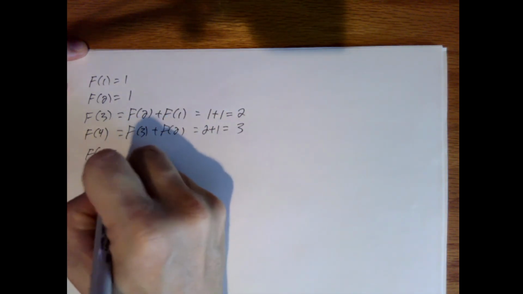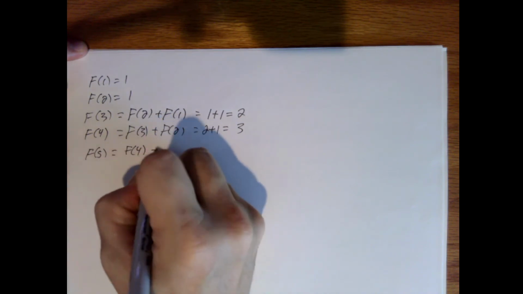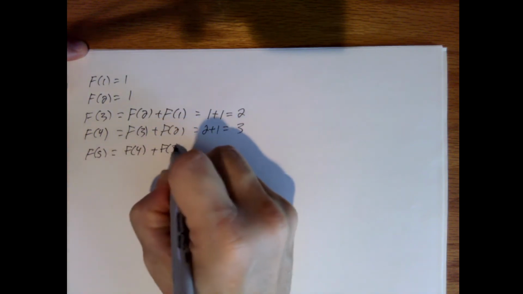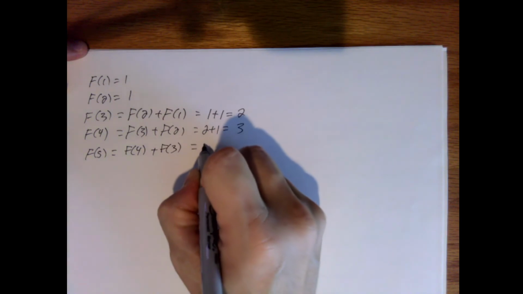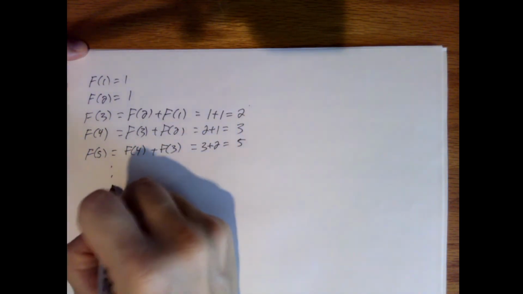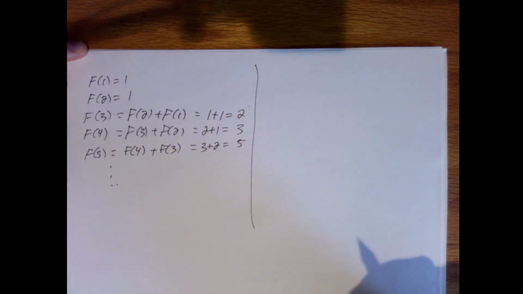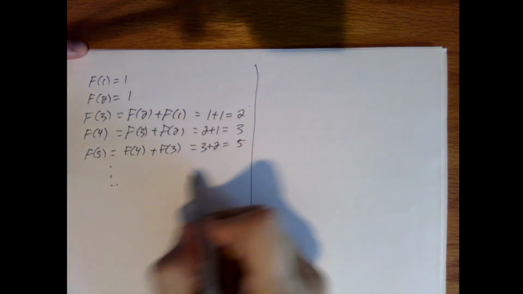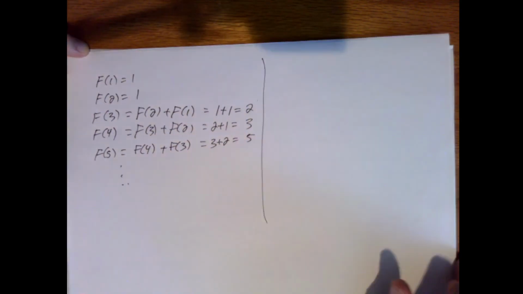F of 5 is equal to f of 4 plus f of 3, which is equal to 3 plus 2 equals 5, and so forth. So that works. We can see that's what's happening. In fact, that's what I did when you saw it at the beginning of the video. Right? What about the investment problem?